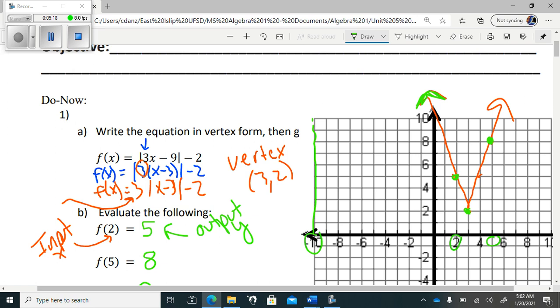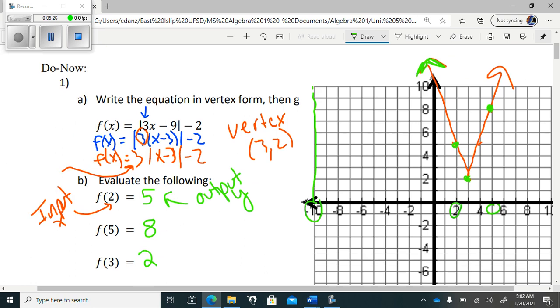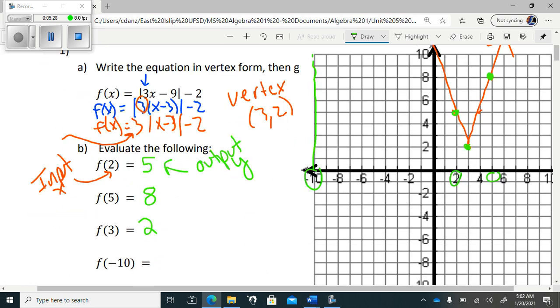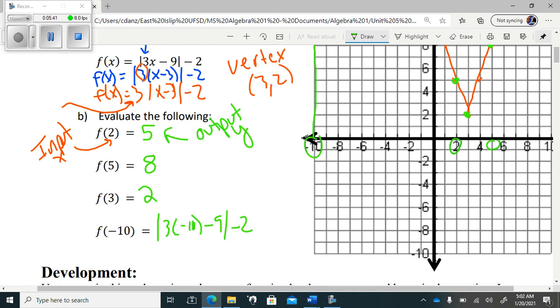So when you can't see something on the graph, then you're going to evaluate it algebraically. I'll use the original function they gave me and substitute in a -10 in place of x. So I get inside the absolute value -30 minus 9, which means inside the absolute value it's a -39.